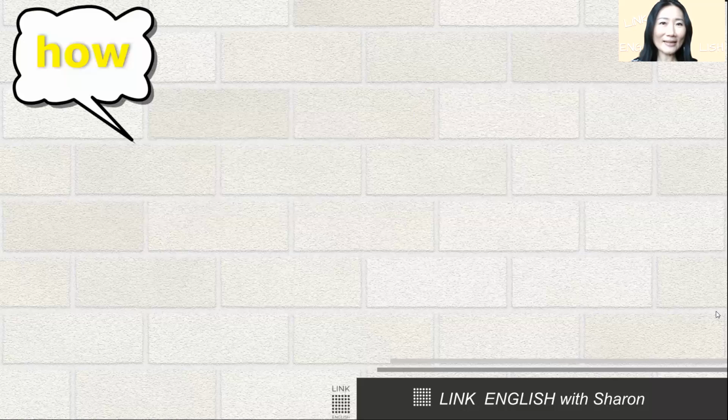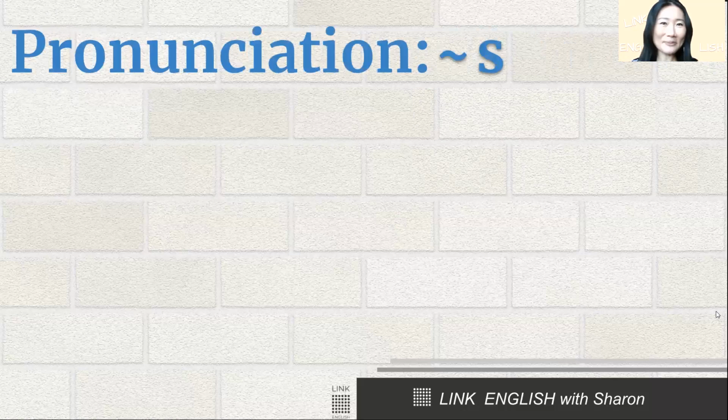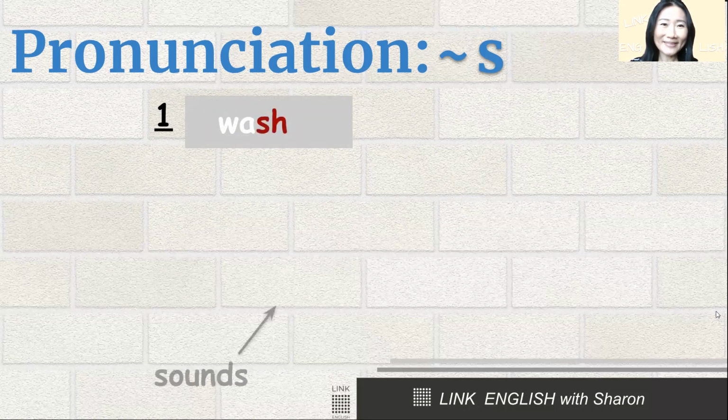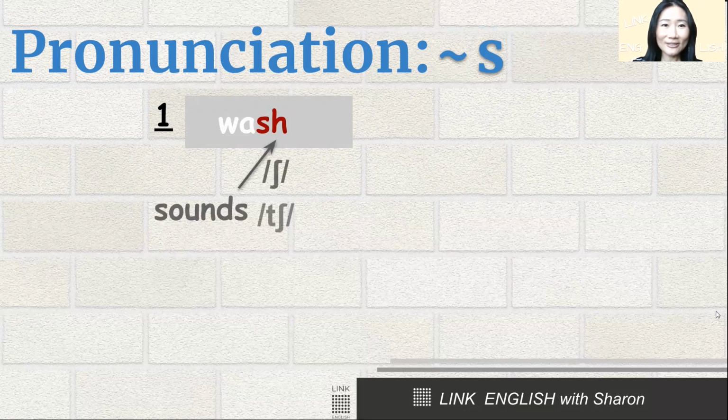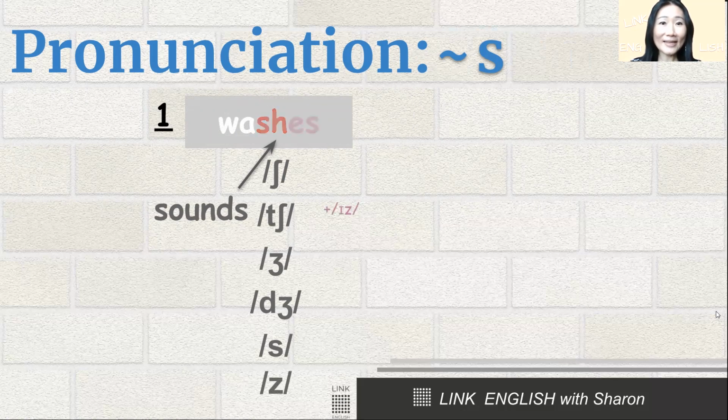Next, we should ask, how do we pronounce those S? First, look at wash. If you hear the sounds like this, sh, ch, j, z, then ES sounds like is.